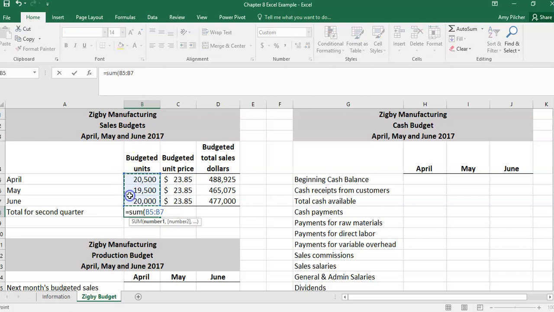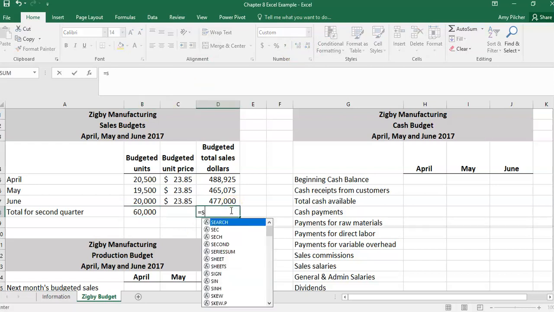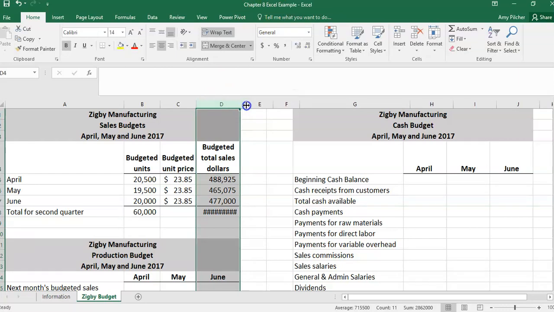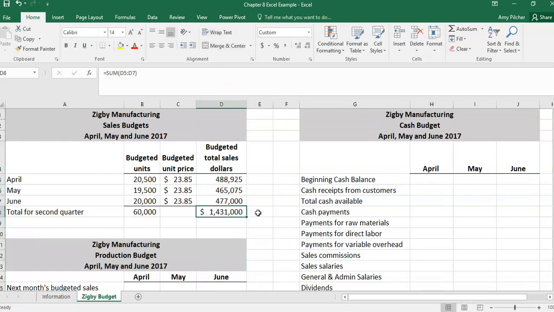We'll add these three lines together and we have 60,000 total units. We don't want that to be a dollar amount. And we add these three together and we get our total budgeted sales for the quarter. And that is the sales budget.